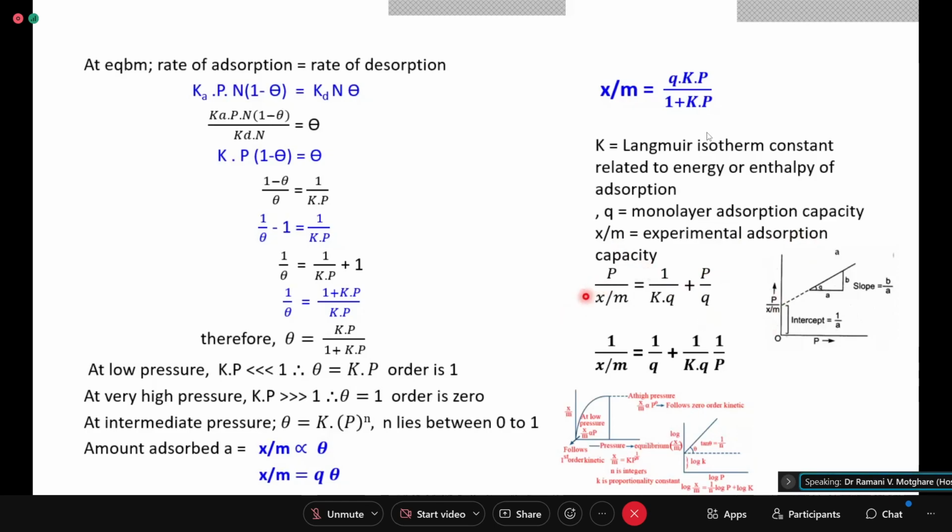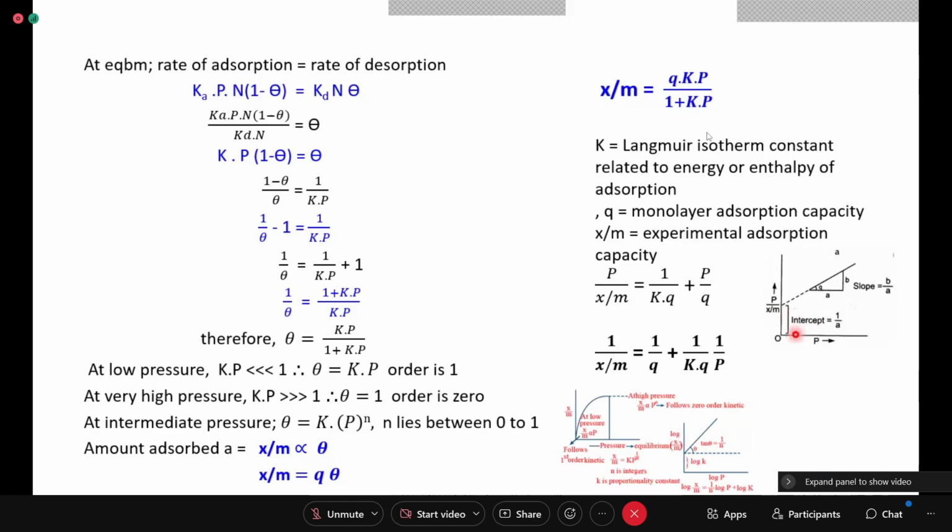So the test for Langmuir adsorption isotherm, or the linearized form of the Langmuir adsorption isotherm, is P by x by m is equal to 1 by kq plus P by q, where P by x by m, when you plot on the y-axis, and P on the x-axis, the intercept gives you the value of 1 by k, and the slope will give you the value of q.